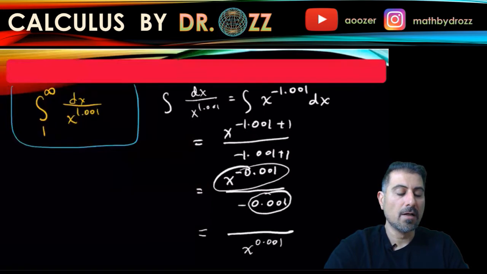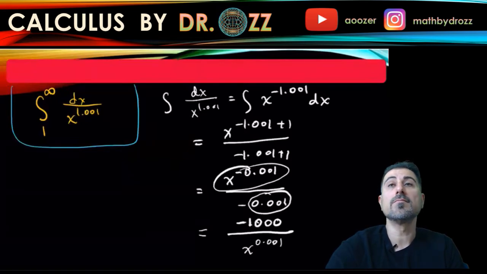This is 1 over 1000, so I flip it over together with its minus sign, so it's negative 1000 divided by x to the power of 0.001.